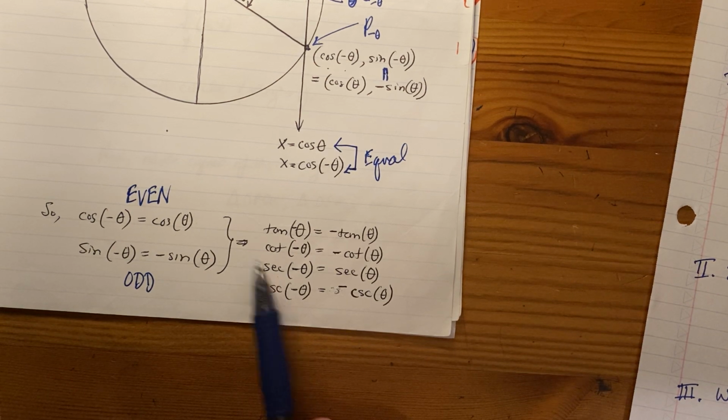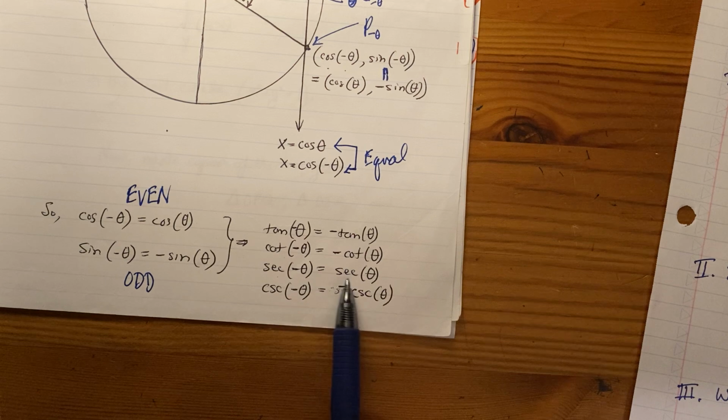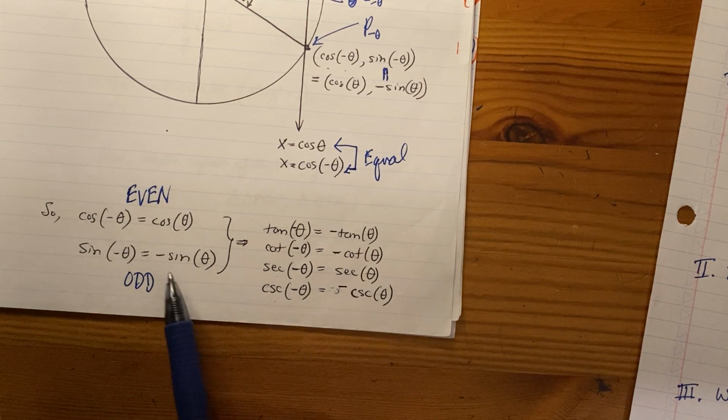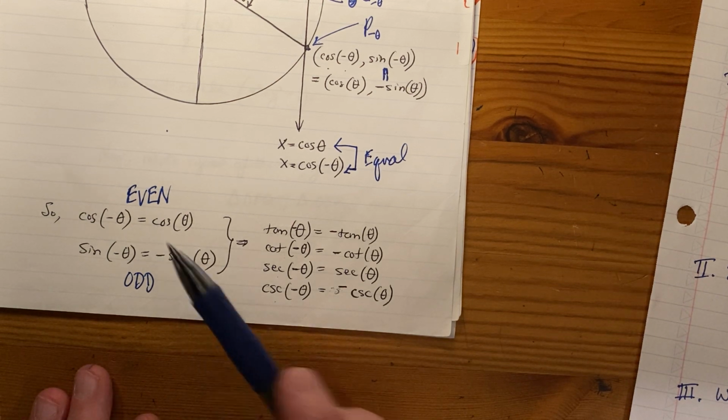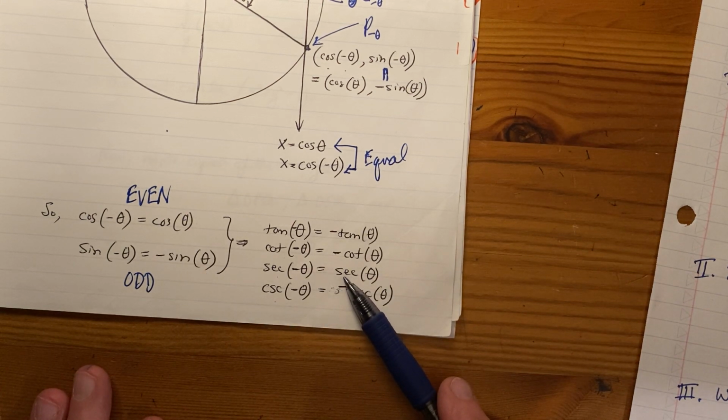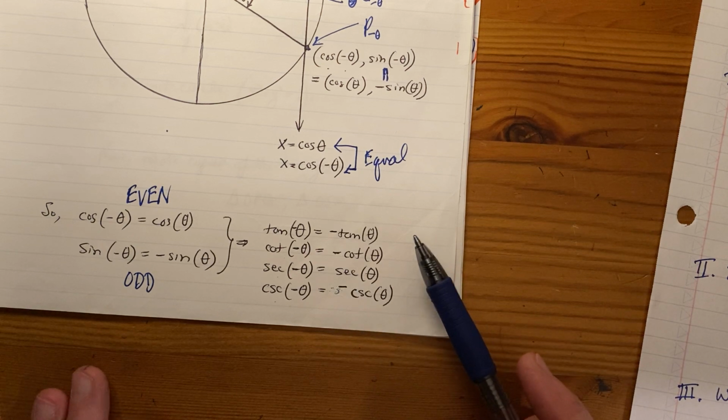So the cosine being even makes the secant even. The cosecant is just 1 over the sine. So because the sine is odd, it's going to turn out that the cosecant is odd as well. So of the 6 basic trig functions, we have 2 that are even, the cosine and the secant, and everybody else is odd.